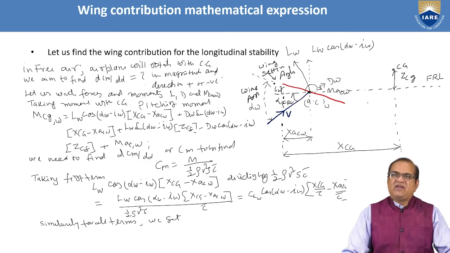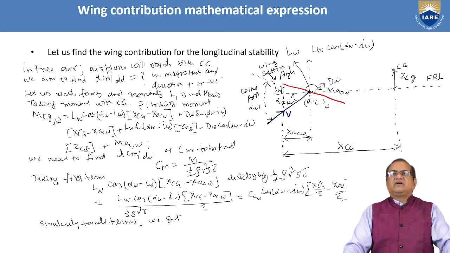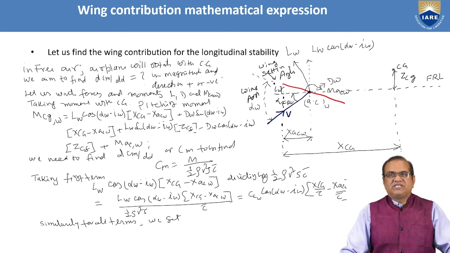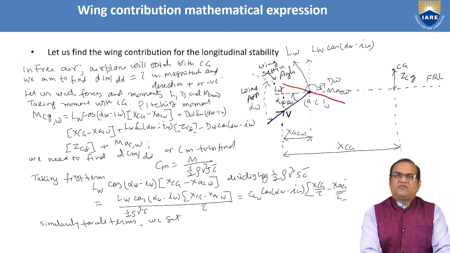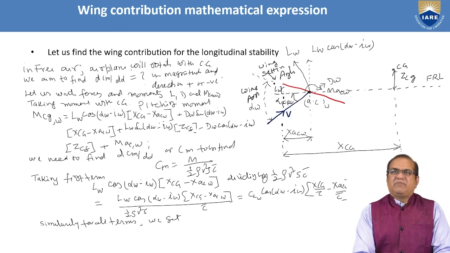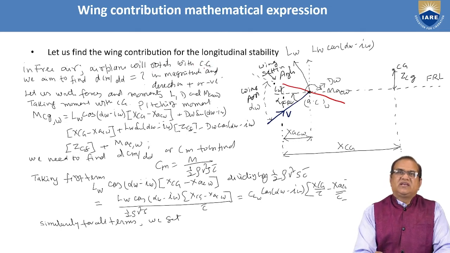Now we will derive the equation for the coefficient of moment for this wing configuration, and we will see how this wing is behaving as per the requirement. In free air, the airplane will rotate about the center of gravity.